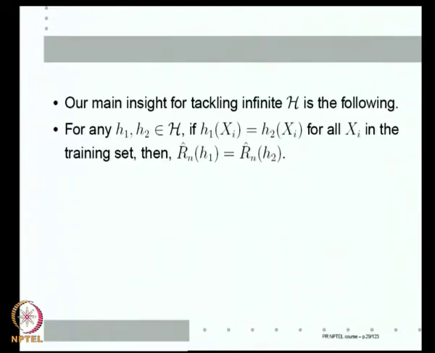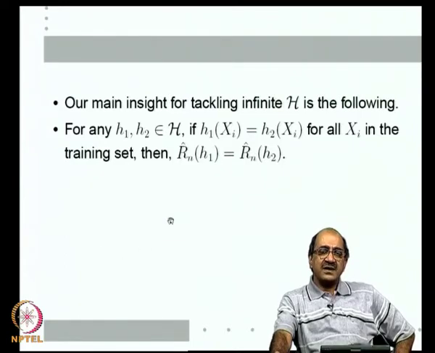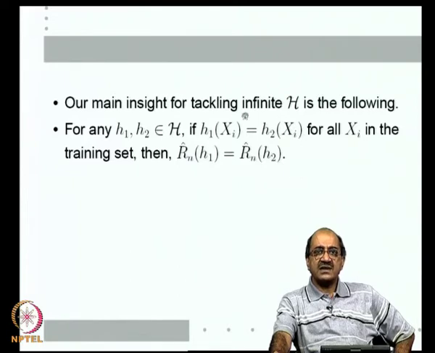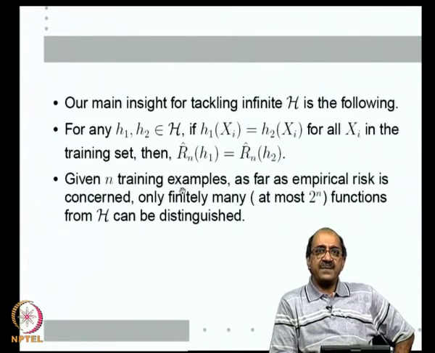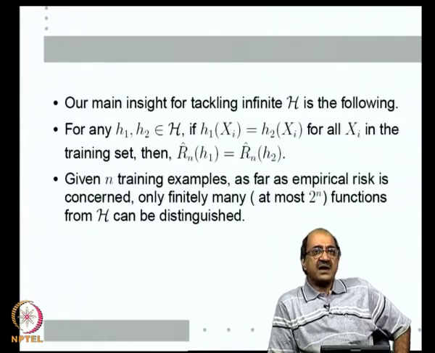So, essentially what it means is that just using empirical risk over the n sample, I cannot distinguish among all possible functions in H. There will be many functions which may take the same values on the specific training examples, in which case R hat n(h1) will be equal to R hat n(h2). So, based on empirical risk, I cannot distinguish all functions.